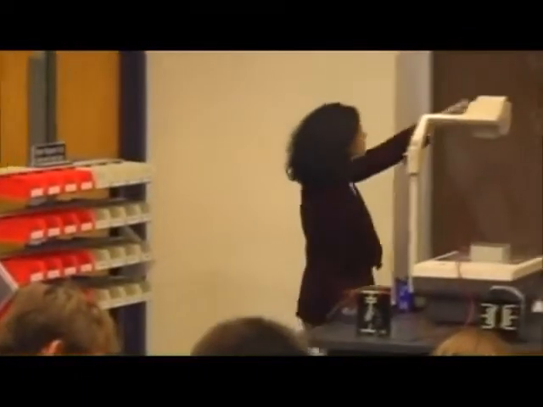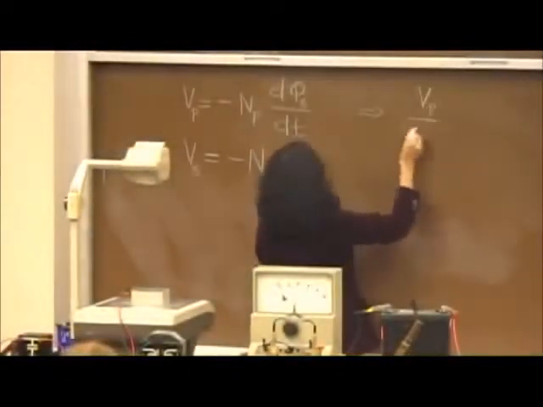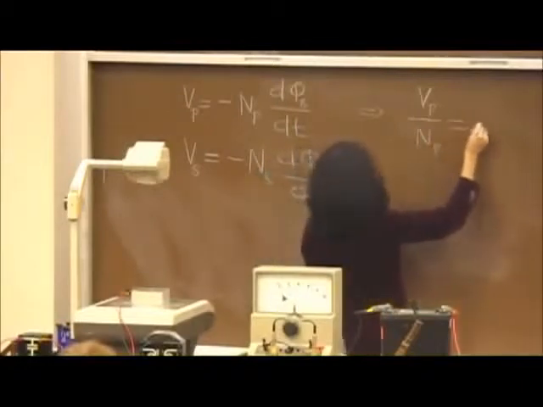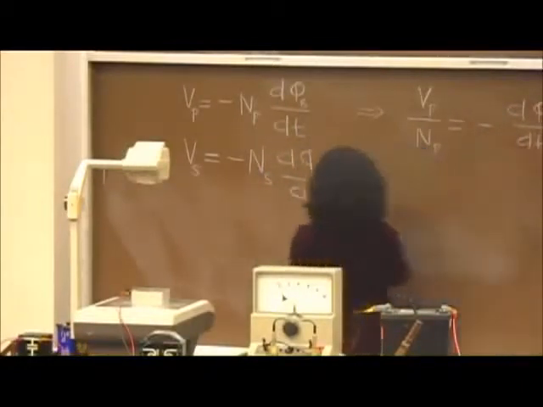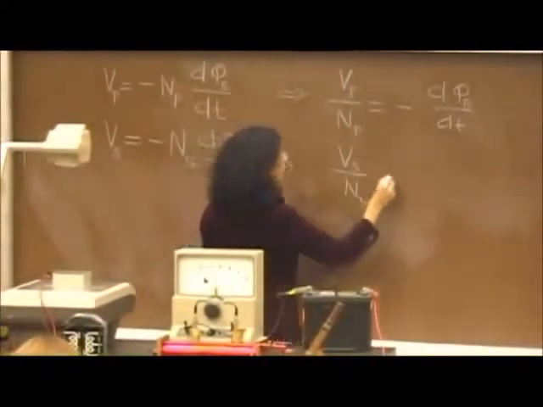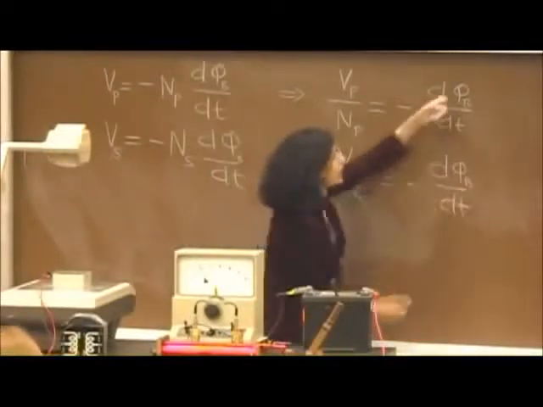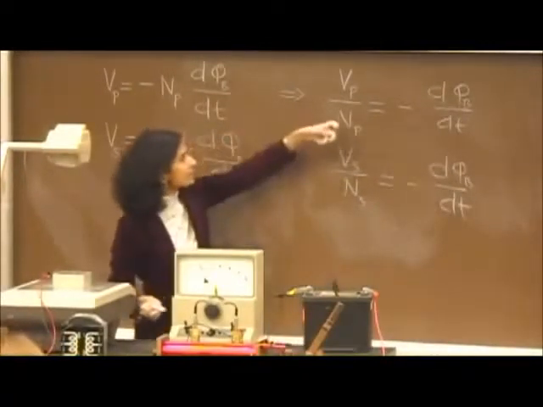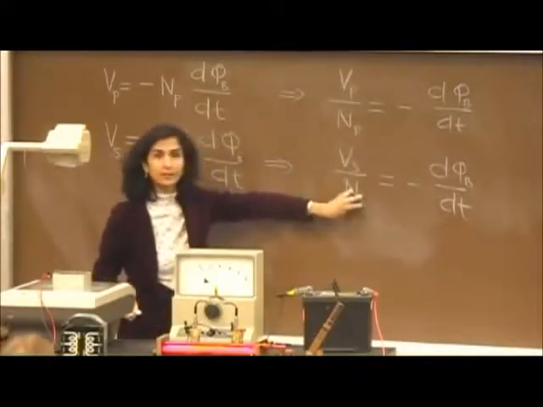Okay, looking at this expression, do you see that the first expression means that V_p over N_p is equal to minus dΦ/dt, and looking at this expression we can see V_s over N_s is equal to minus dΦ/dt. And so long as these are exactly identical, is it okay to say that V_p over N_p should be equal to V_s over N_s?